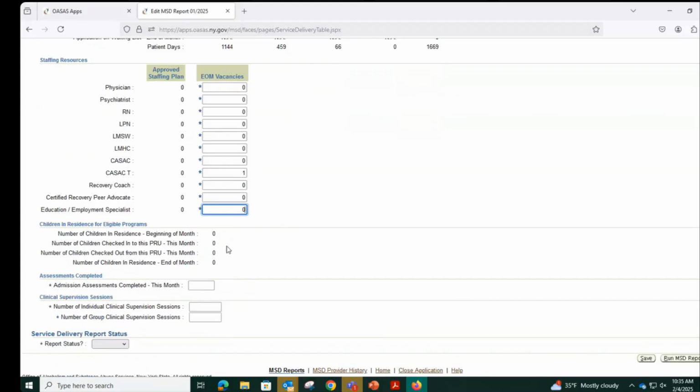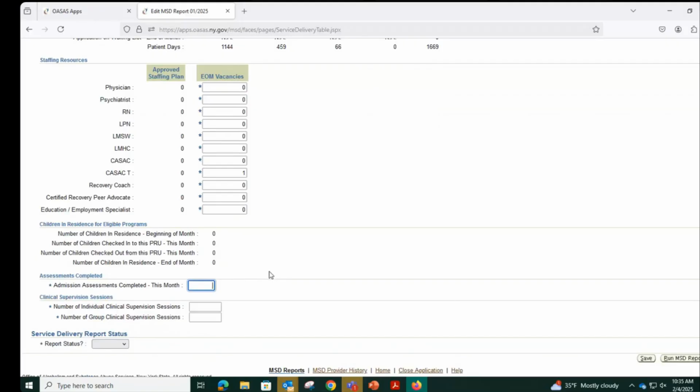Again, children in residence populates from the CDS, and whether or not you're checking in children via that data system, and that is for programs that have approved children's beds on their operating certificate. Admission assessments completed. Again, a count of the admission decisions that you made.